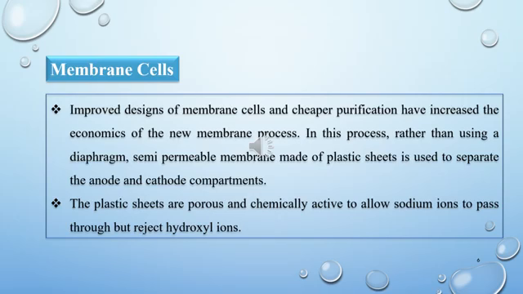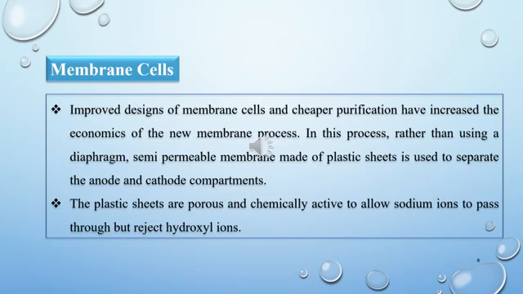So far, dear students, we have discussed the mercury cell process and the diaphragm cell process. In those processes, we discussed that the mercury cell is not used because it uses more energy as compared to the diaphragm cell and membrane cell.